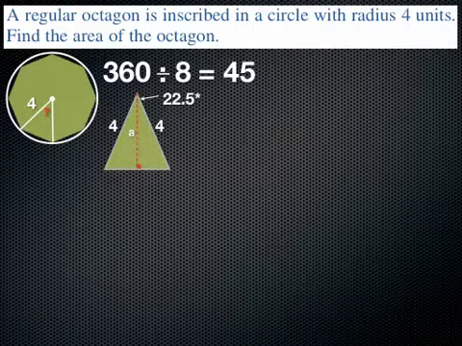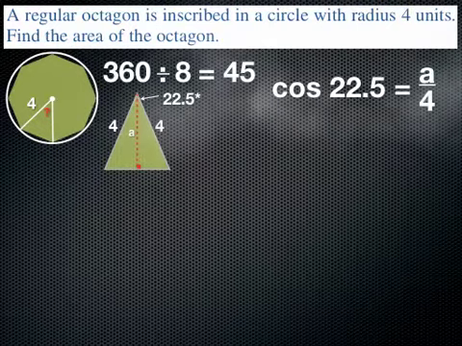So, using my 22.5 degree angle, I know the hypotenuse is 4, and I want to find the apothem, which would be the side adjacent to the 22.5 degree angle. The trigonometric ratio that uses the hypotenuse and the adjacent would be cosine.